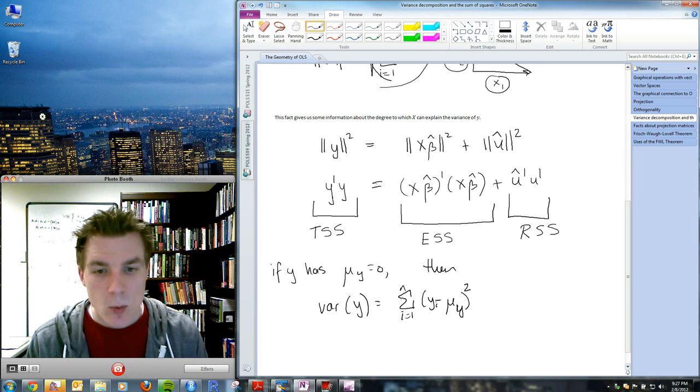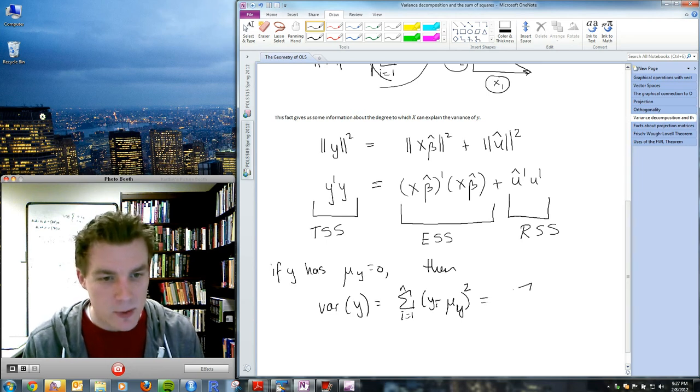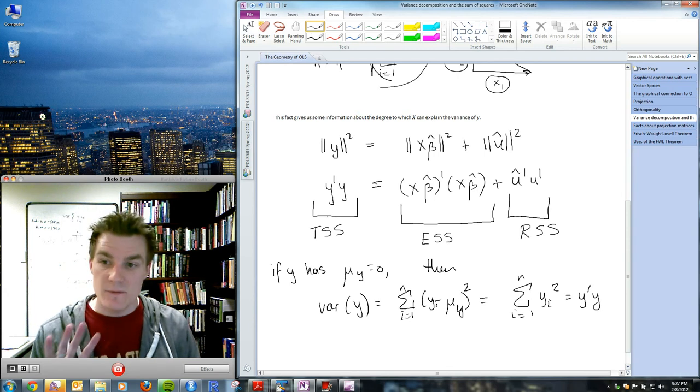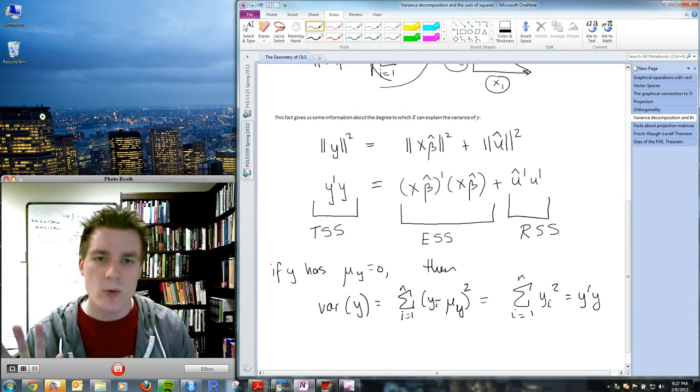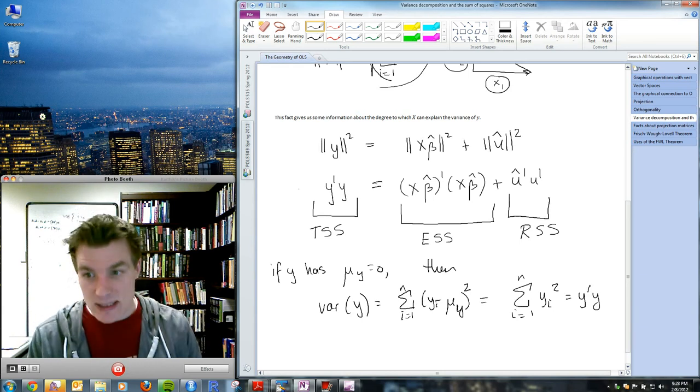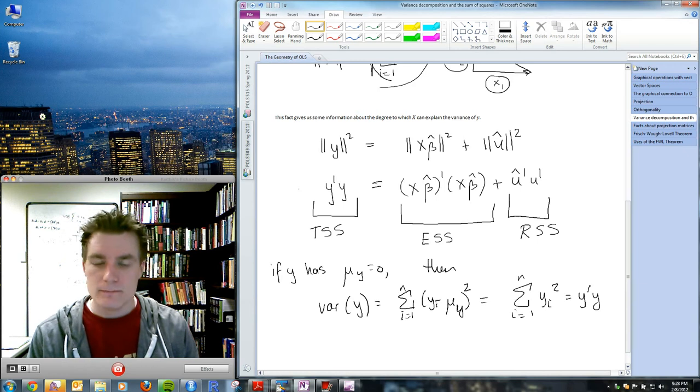Well, if mu_y equals 0, this equals the sum of y_i squared, or y transpose y. So in the special case where you've transformed y to have mean 0, the total sum of squares is the variance of y.